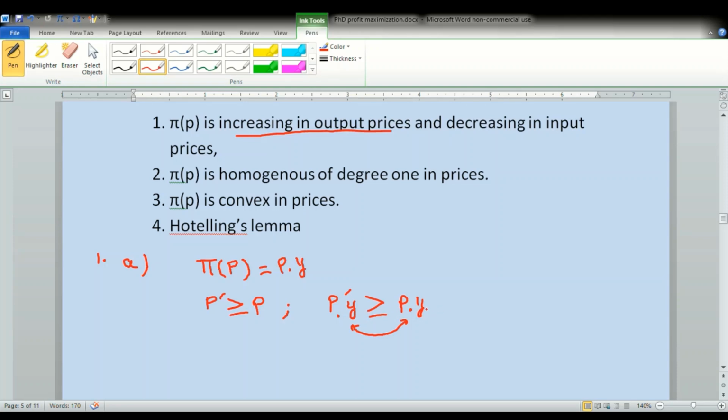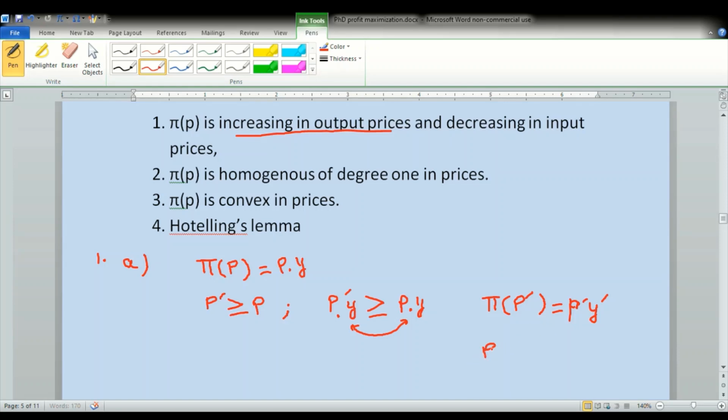But of course, when the price vector is P dash, y is not the profit maximizing netput vector for this price vector. For price vector P dash, if we want maximum profit, it will be associated with the netput vector y dash. So this is now the maximum profit at P dash.